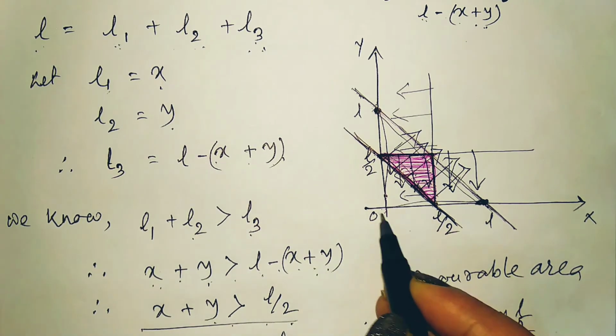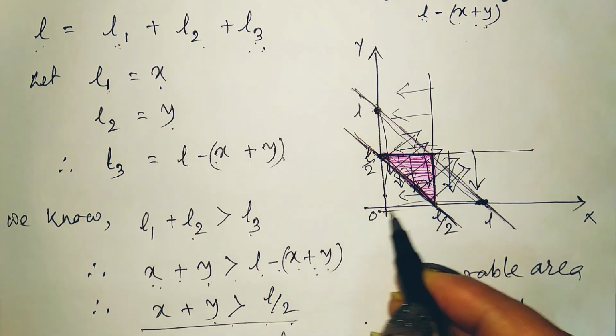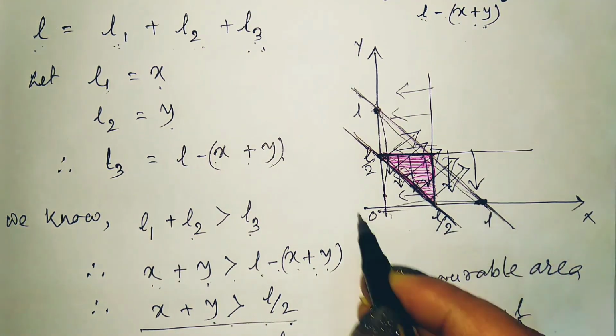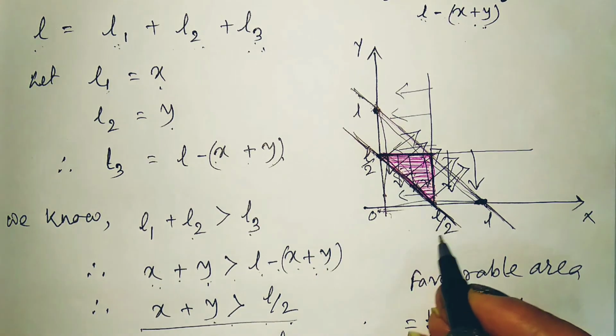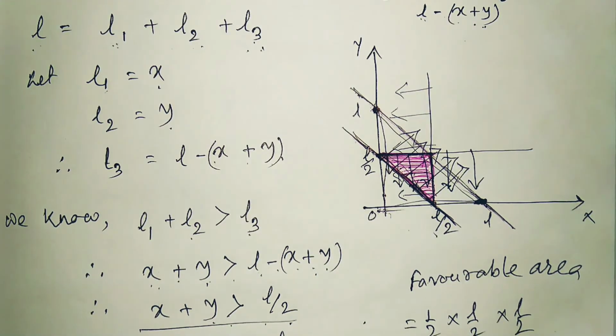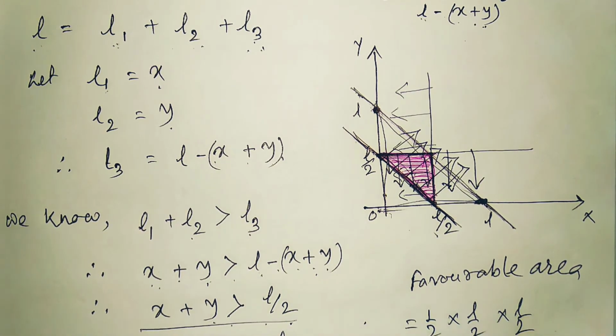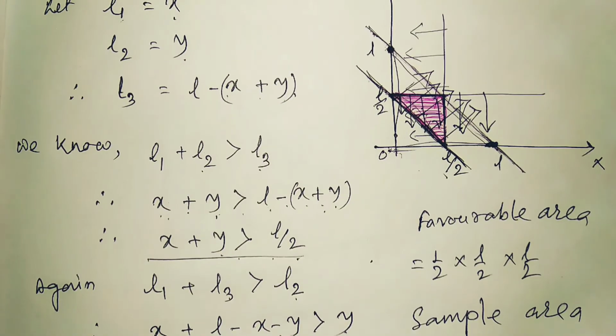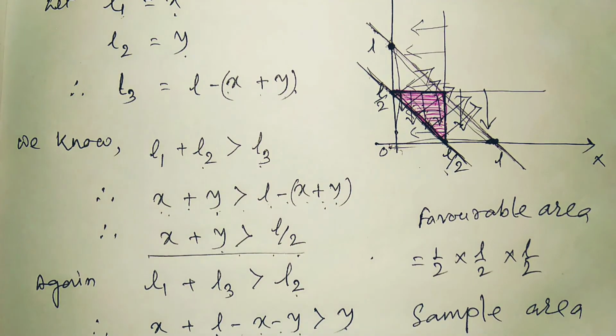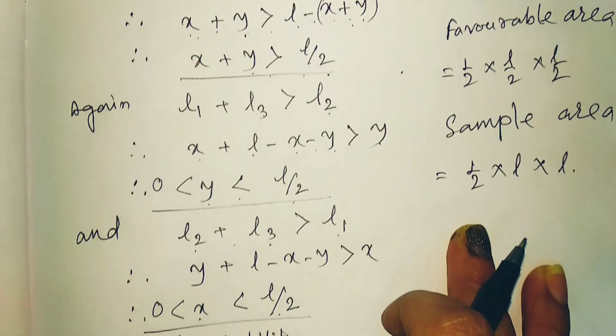And the total sample area, if we consider this larger triangle, then its base and height should be L and L. So the sample area should be equal to half into L into L. If we take the division of these two, then it is the required probability. That means what is the probability that the three pieces form a triangle? Its probability we will find out.